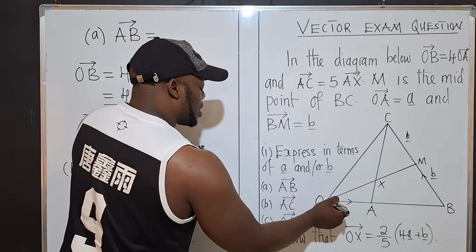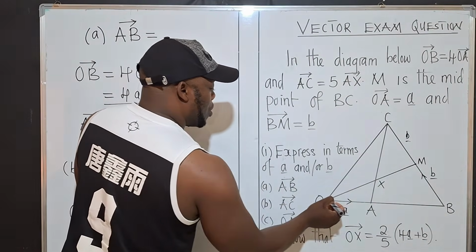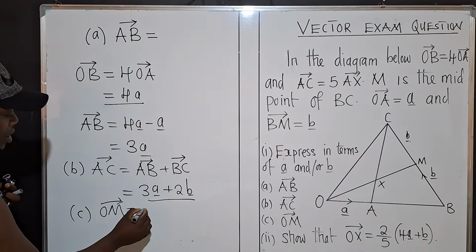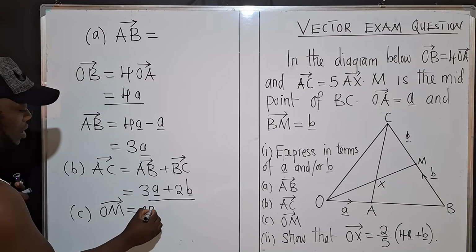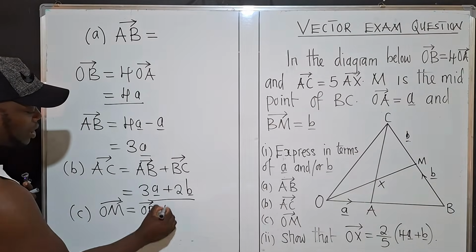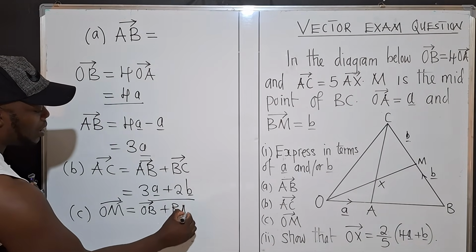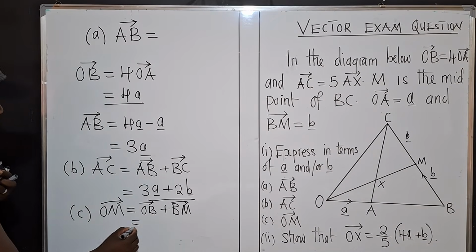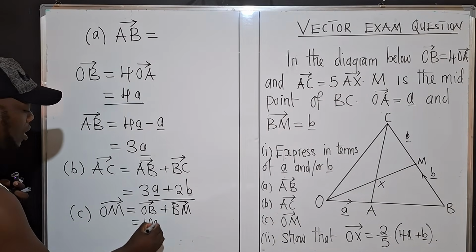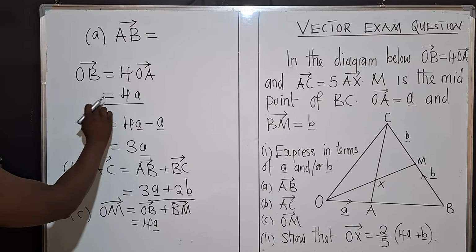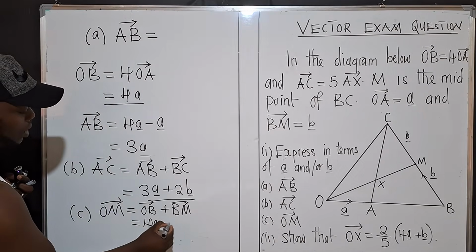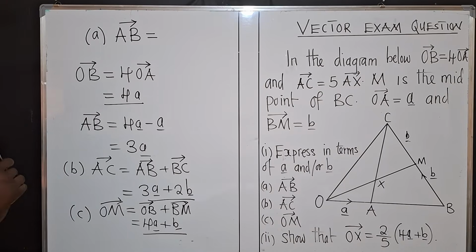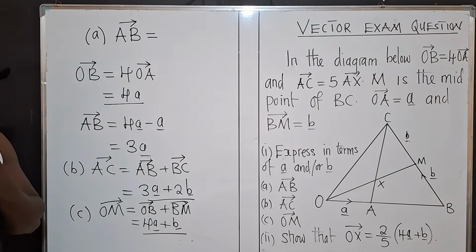We can move from O to B, then B to M. So that will be OB plus BM. What is our OB? Our OB is 4a. Plus our BM, it's just b. So we've answered question C.